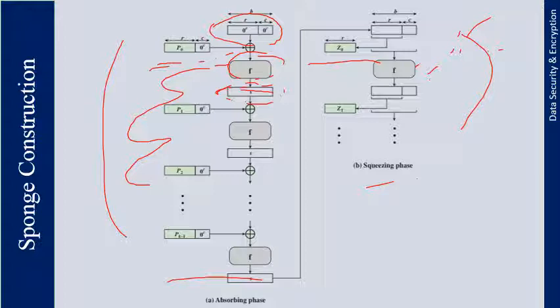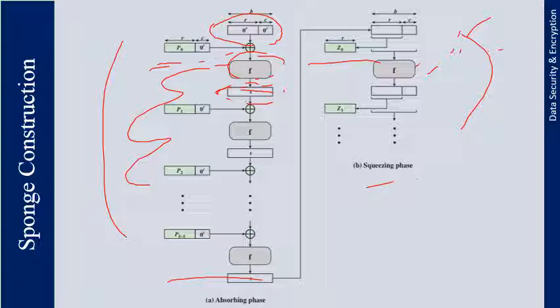At each iteration, the first r bits of s are retained as a block Zi and concatenated with the previously generated blocks. The process continues through a number of iterations until we have met the desired criteria.